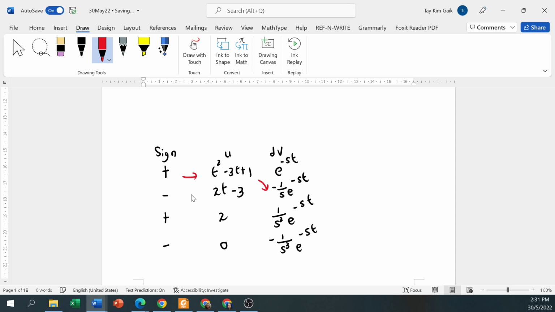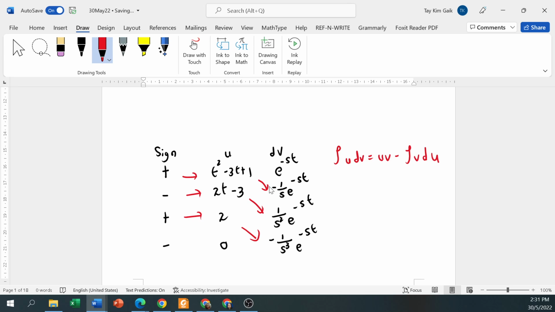The result follows the slanting row. Remember this is actually a systematic way of doing integration by parts. U dv, the result you have is uv minus the integral of v du. So this is u, integrate dv, you get v here.